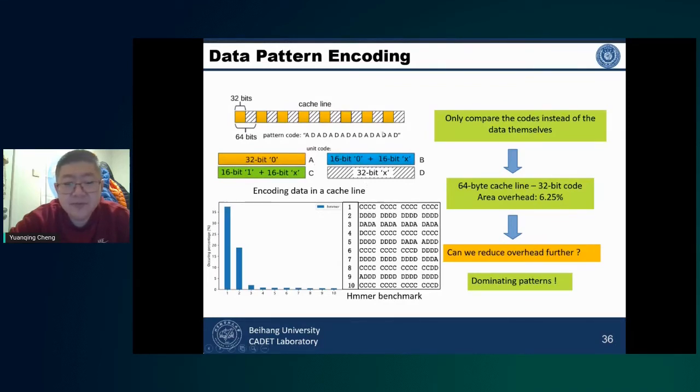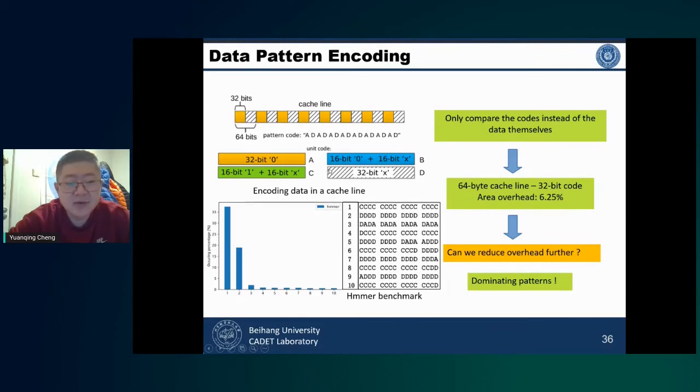For example, if the original data is pattern A and the data to be written back is also pattern A, in this case, we can just drop this data without writing back. In this case, we only compare the code without comparing the original data.